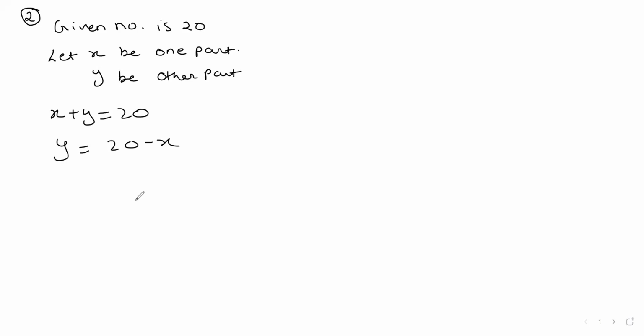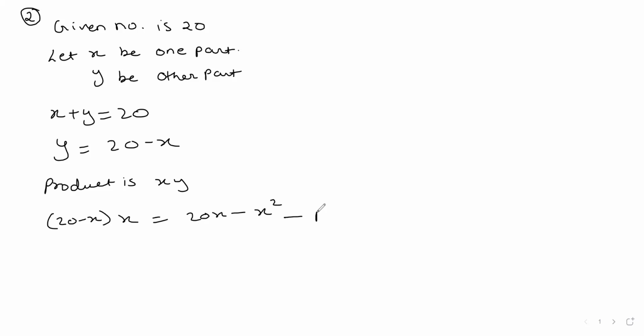Now they say that the product of the two numbers should be maximum. So the product is xy. So 20 minus x into x. This is the product. So that is 20x minus x square.